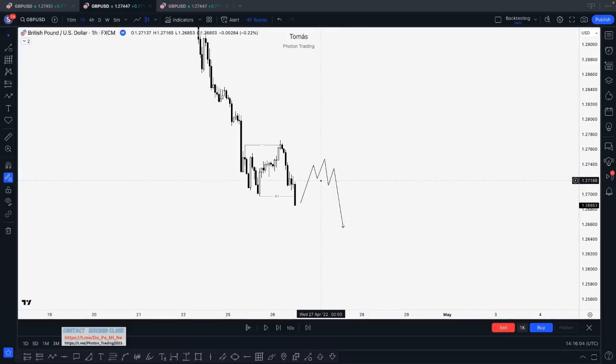Something that I notice is, as you wait, sometimes you'll miss the move, but you get more and more clarity about what is going to happen next.